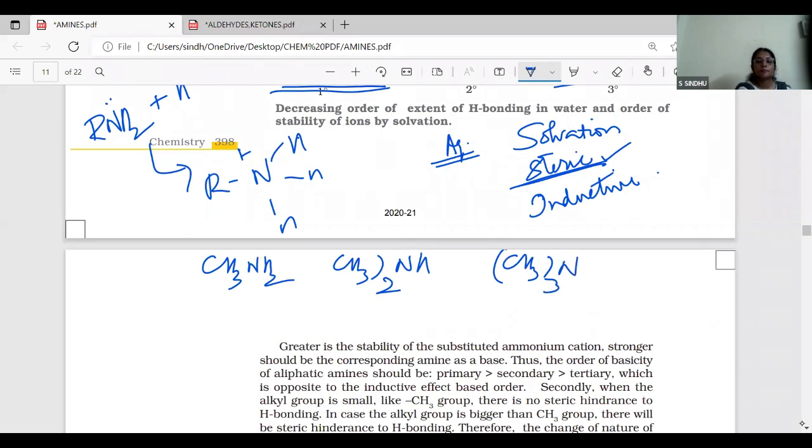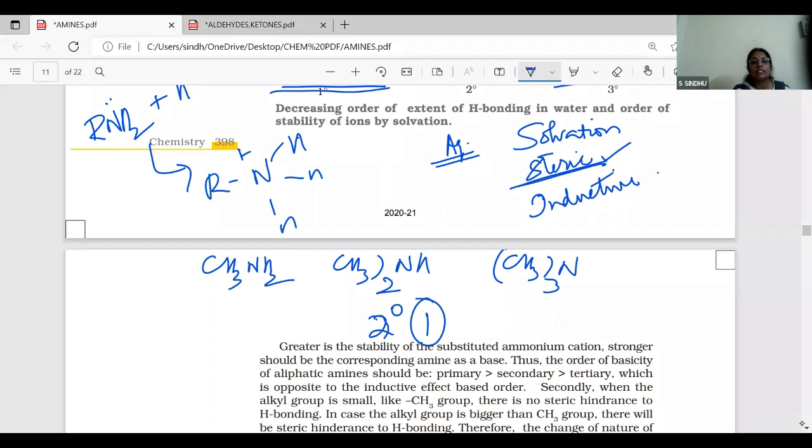Secondary is greater than tertiary is greater than primary. Always secondary is having the preference, right? Because we have the subtle interplay of both. So balancing both inductive effect and steric hindrance and solvation effect, always secondary amine, irrespective of whether it is methyl substituted or ethyl or higher amines, secondary amine will be the most basic.